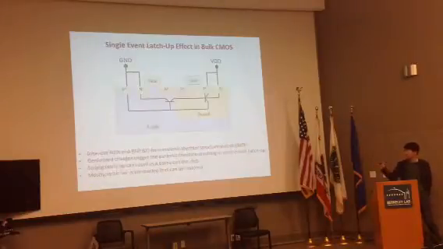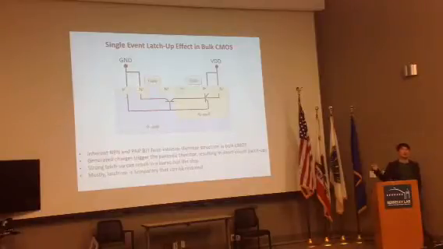This kind of event causes a soft error. This is actually a recoverable error. The way to recover from this kind of latch-up is just to turn off the device, power down the electronics and power up again, then this phenomenon goes away.